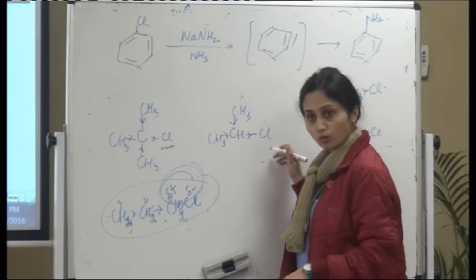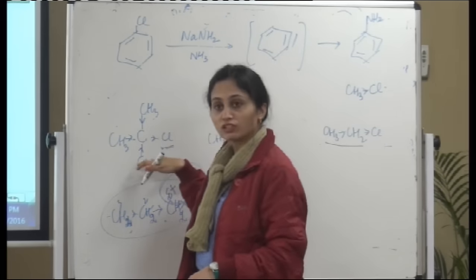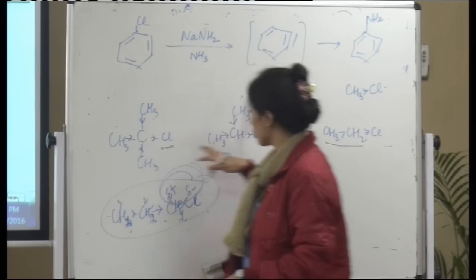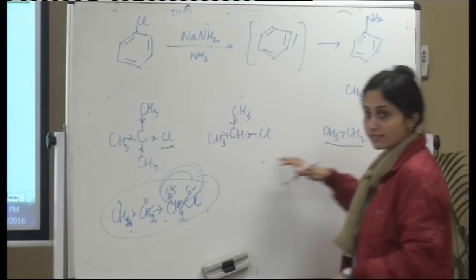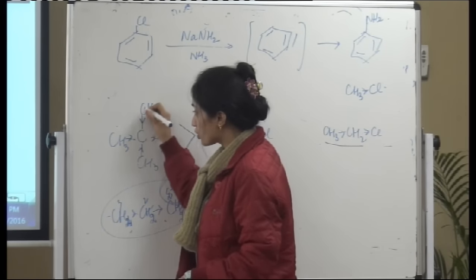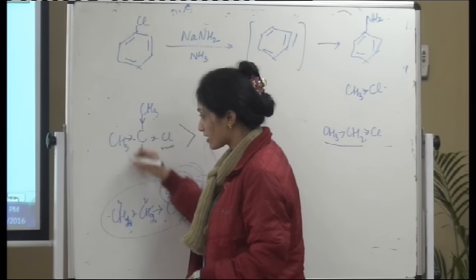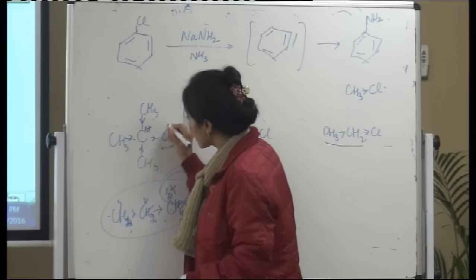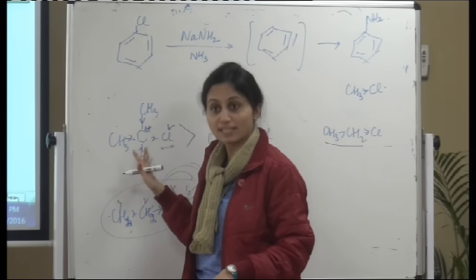So it will be more in this case. And when you talk about the tertiary one, the tertiary has three methyl groups in addition to now 2 and your 1 is as in case of secondary and primary. So that is why, because now they will show more inductive effect and this tertiary will have the most inductive effect operative in it, the polarity of the CCl bond will be the maximum.